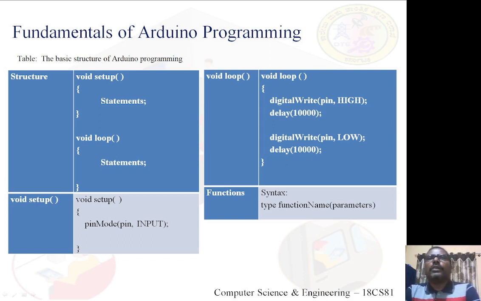So now it is very clear: the basic structure of an Arduino program contains two functions, setup and loop. Setup executes only once when Arduino is powered on and is used to configure and initialize the microcontroller. Loop keeps executing again and again as long as power is supplied to Arduino.